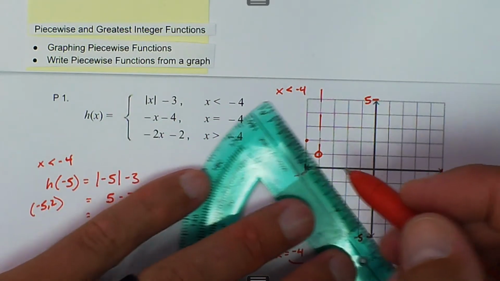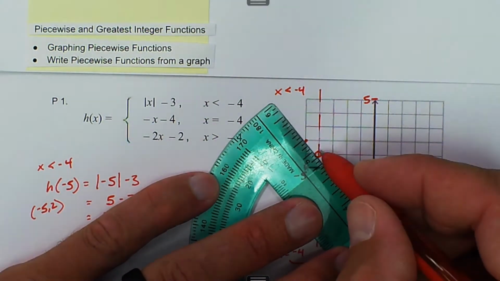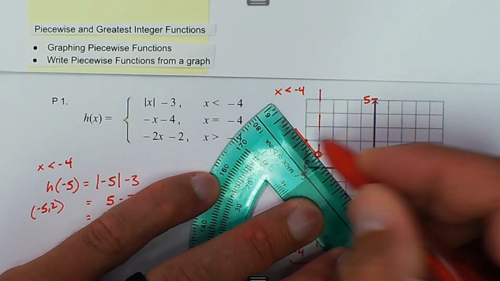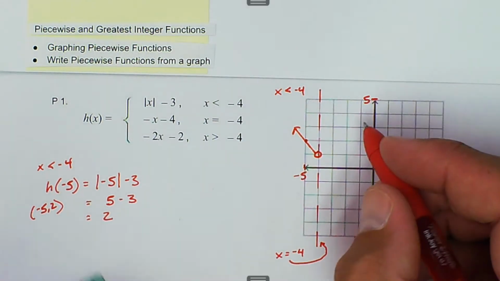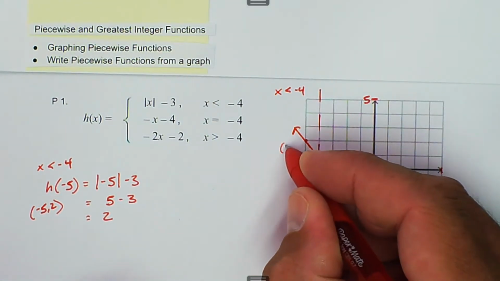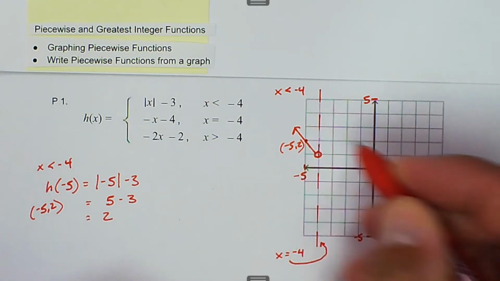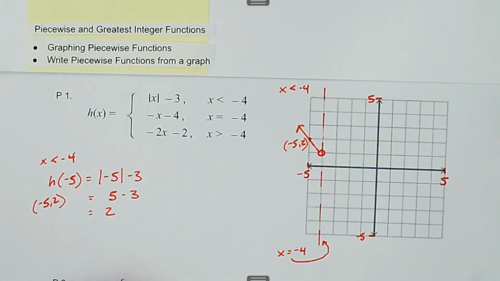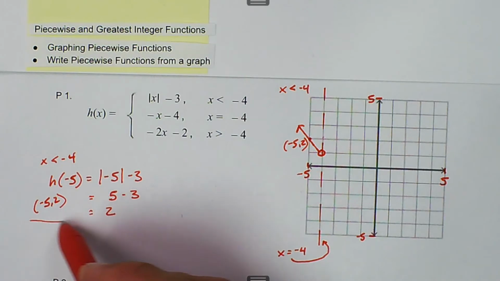So then I can plot this graph here. We knew that the point was -5, 2, and then that was the absolute value function, and then we're able to get our graph there.